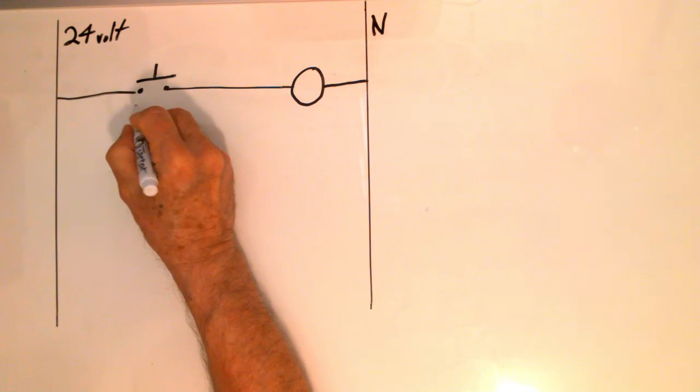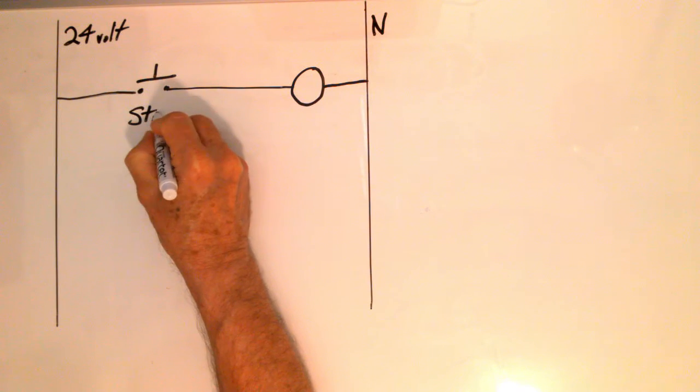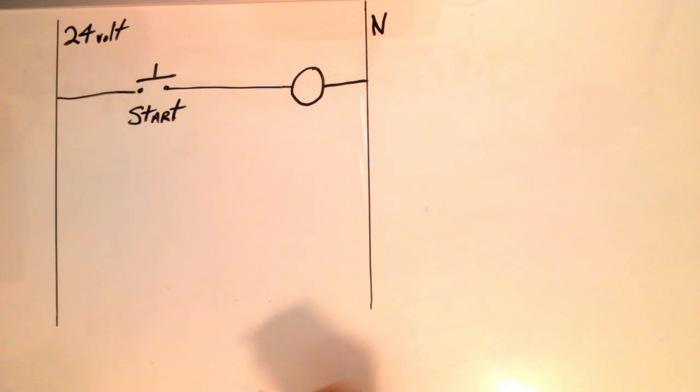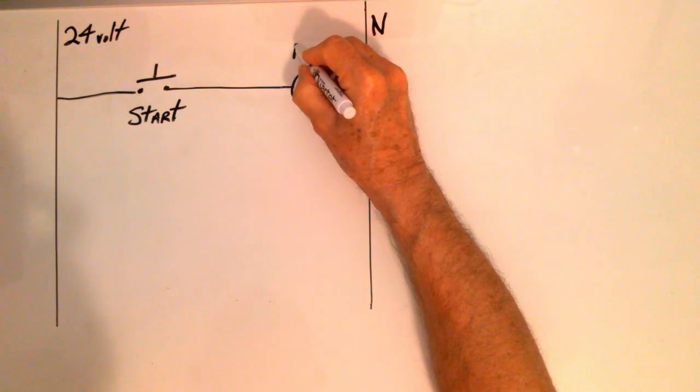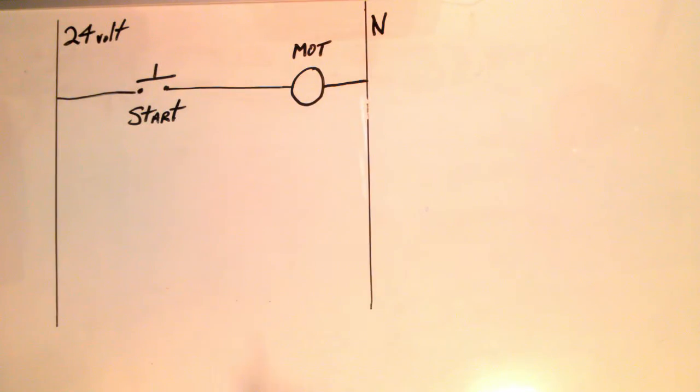So what we will do is name this push button start, and we'll call this coil MOT for motor, and that goes along with the idea that we're going to use it to start a motor.